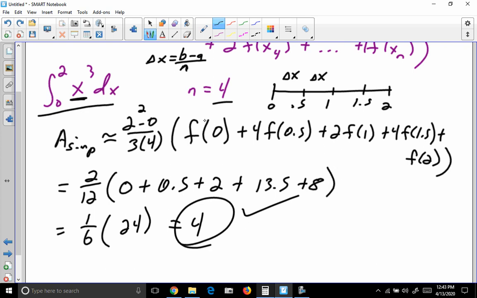And then for the trapezoidal rule, it's the first x value plugged into the function, and then all of these x's plugged in, and then the answer doubled. For Simpson's rule, when we plug all of these in, we take the answer times 4, the answer times 2, the answer times 4, and we alternate until we get to the last one. When we get to the last one, we only use that one once. We only use the first one once.